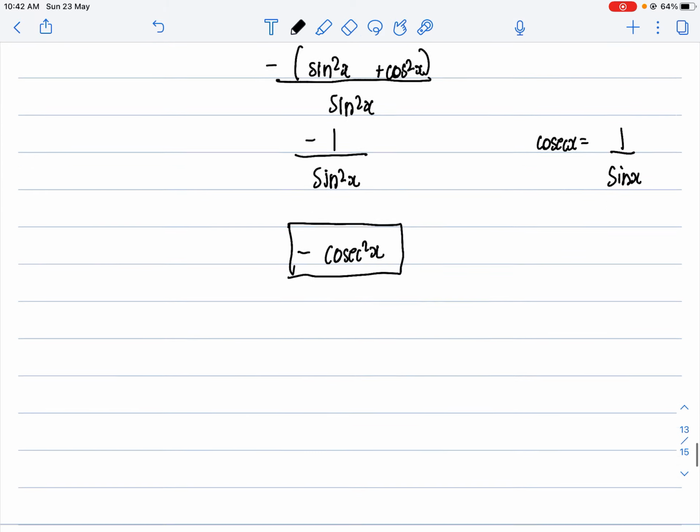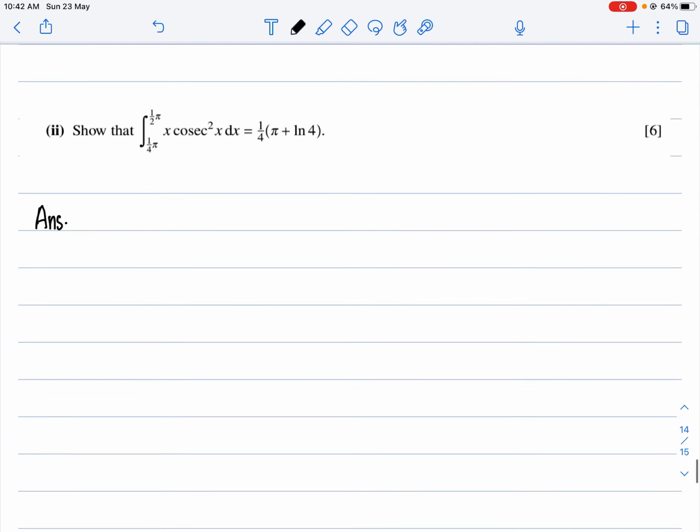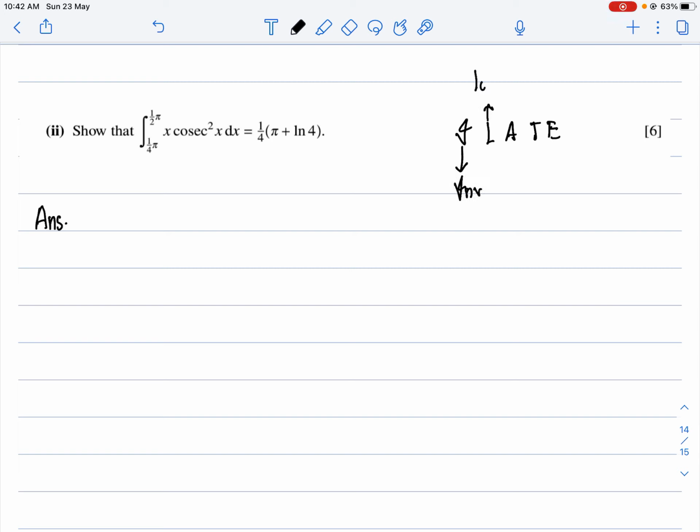Now I need to integrate this. For this, I'll use something called ILATE, because this is integration by parts. I means inverse, L means logs, A means algebra, T means trigo, and E means exponents.